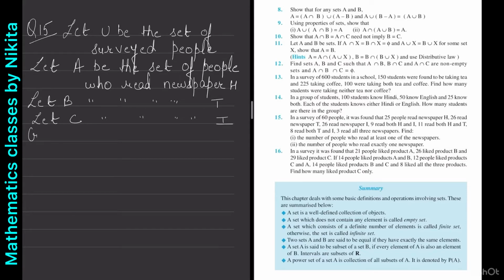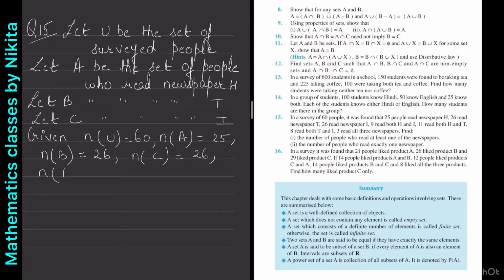Now what is given to you? It is given that n of U is equal to 60, n of A is equal to 25, n of B is equal to 26, and n of C is equal to 26 again. 9 read both H and I, so that means A intersection C: n of A intersection C is equal to 9. 11 read both H and T, so n of A intersection B is equal to 11. 8 read both T and I, so n of B intersection C is equal to 8.